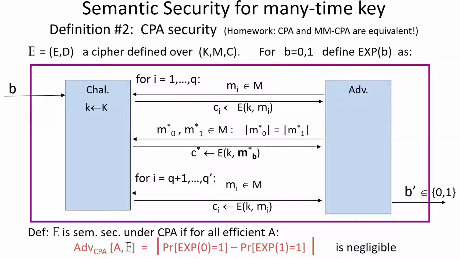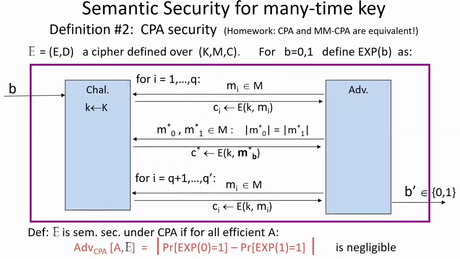Xiao Chen says it does not imply m0 = m1. Oh, I think what Xiao Chen is saying is that for every pair of messages I send, the left and the right have to be the same size.